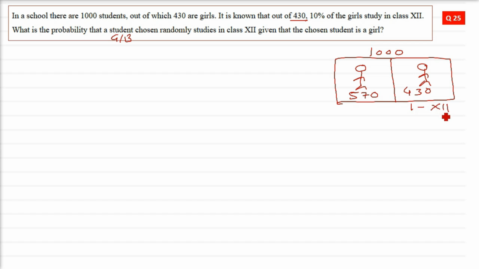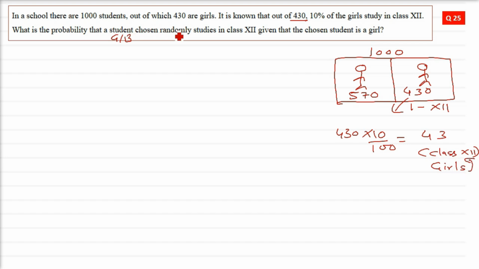So from 1st to 12th class, there are in all 430 girls, and 10% of these 430 are studying in class 12. So 430 into 10 by 100, I am taking the 10%, comes out to be 43. So 43 girls are enrolled in class 12.